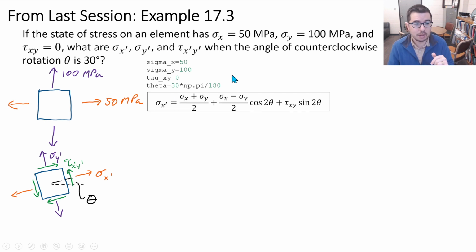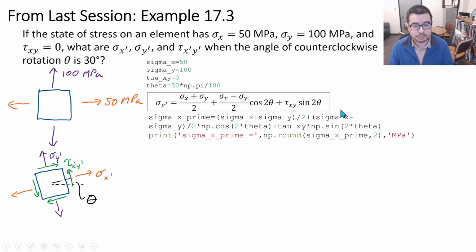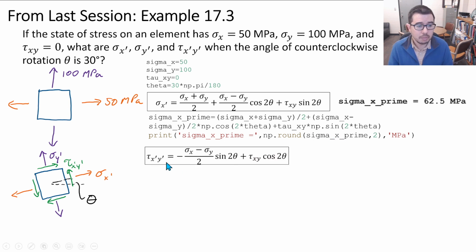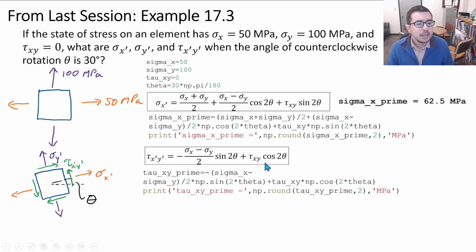This was example 17.3. If we want to figure out sigma x prime, we have this equation where it's equal to the average of sigma x and sigma y, plus the difference divided by 2 times cosine 2 theta, plus tau xy sine 2 theta. And if we want to figure out tau x prime y prime, we can use this equation. Again, this comes from our use of equilibrium on the sliced stress element.